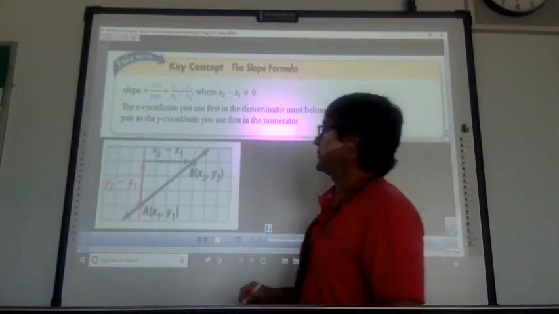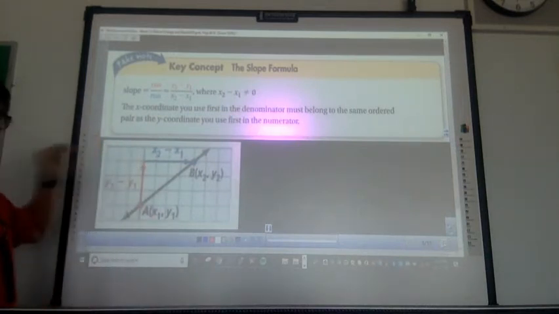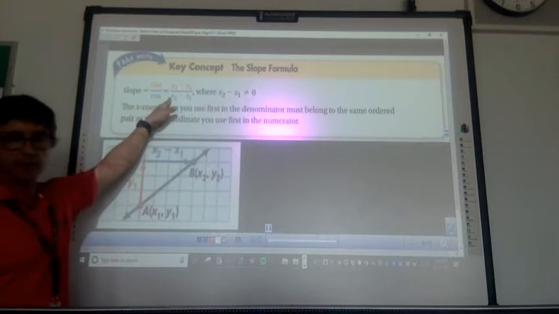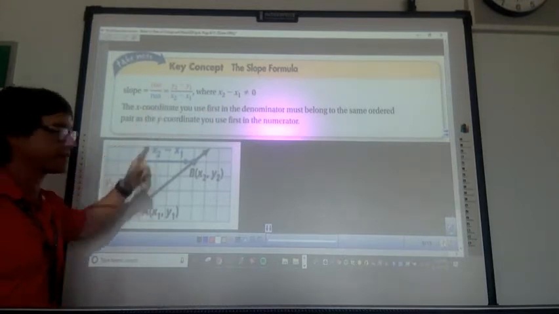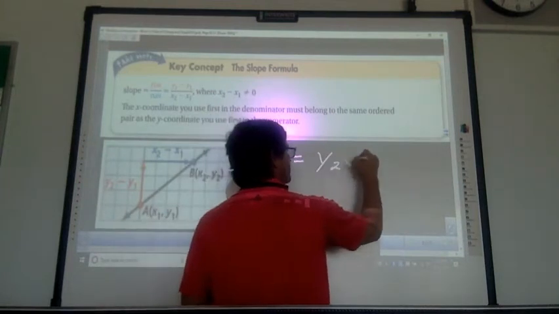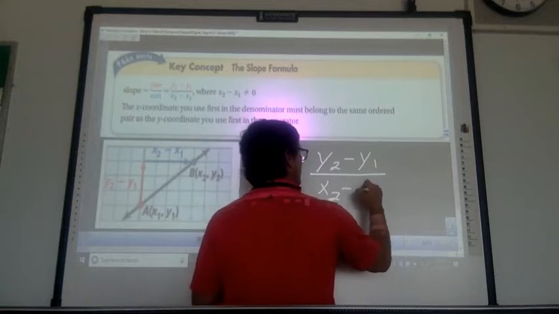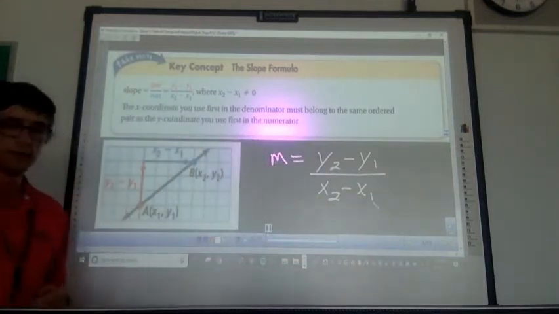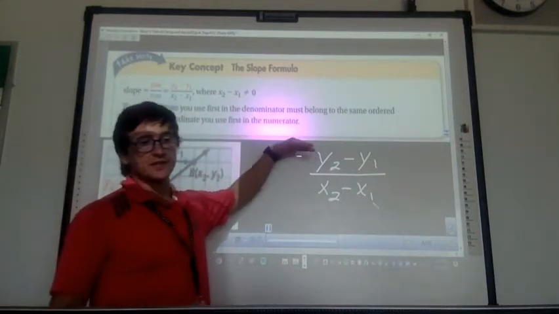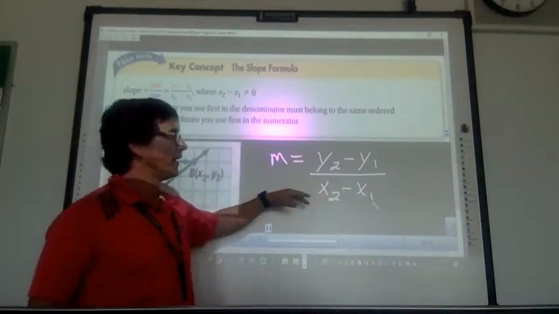So you can write this formula down. I personally hate this formula. And as soon as I saw this formula, y2 minus y1 over x2 minus x1, I'll write it right here. So you can think of this as just difference of y's over difference of x's.